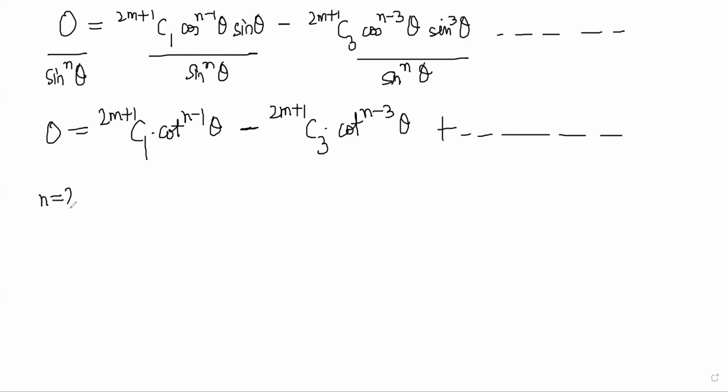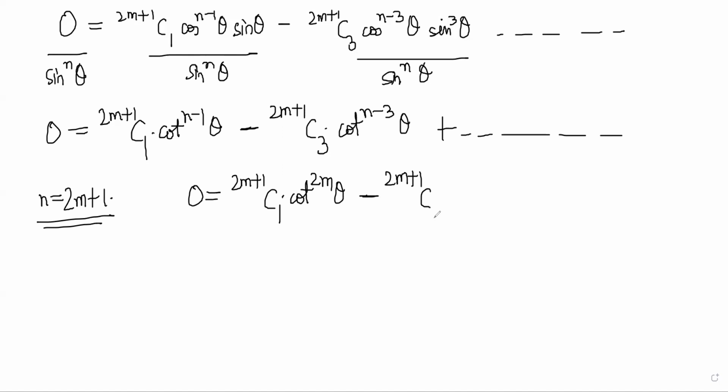But we know that n was 2m plus 1 here, right? If n was 2m plus 1, the identity is 0 is equal to 2m plus 1 C1 cot of 2m theta minus 2m plus 1 C3 cot of 2m minus 2 theta, and so on. And this identity is satisfied for all the different thetas.